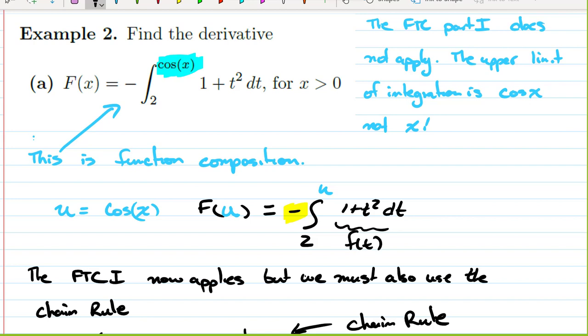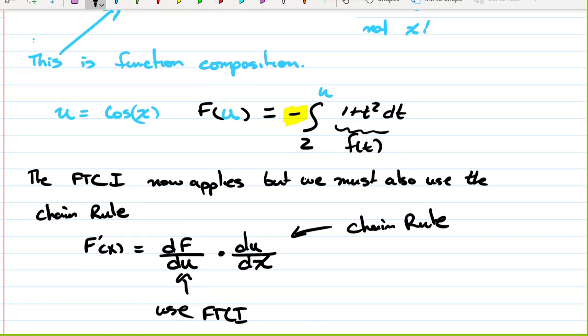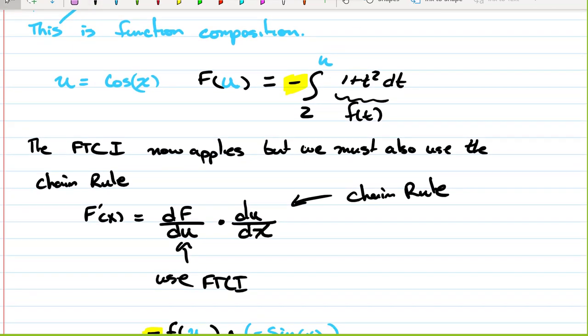So this was composition, so writing it out, we had u equals cosine x, then capital F of x is f of u equals the negative integral from 2 to u of 1 plus t squared dt. So that's our f of t, and we can now use the Fundamental Theorem of Calculus with the chain rule.